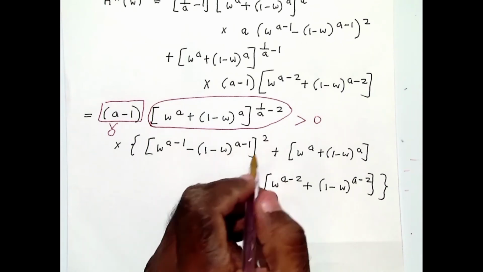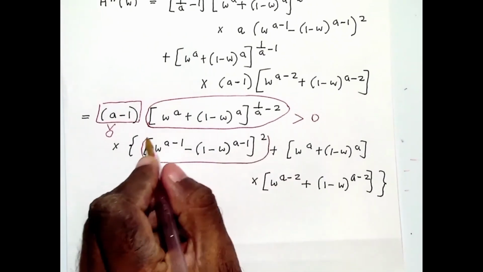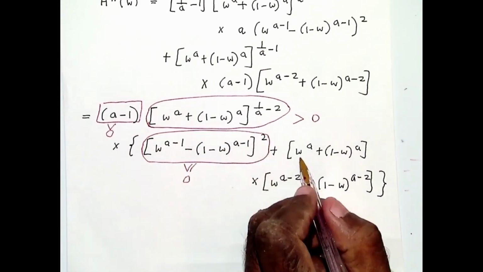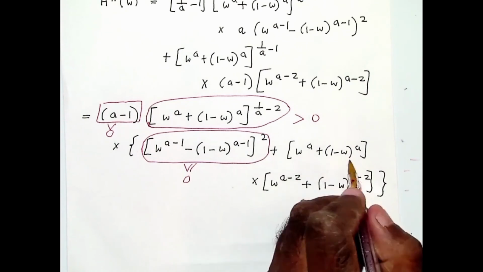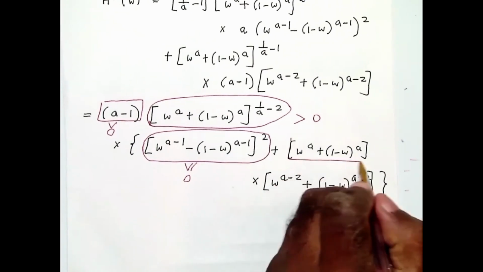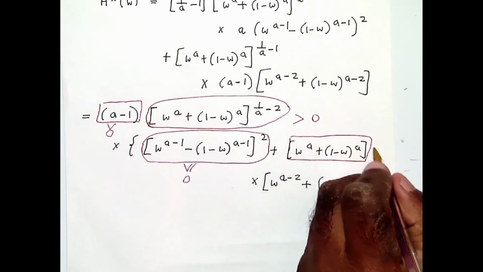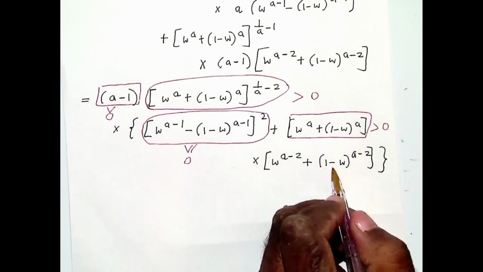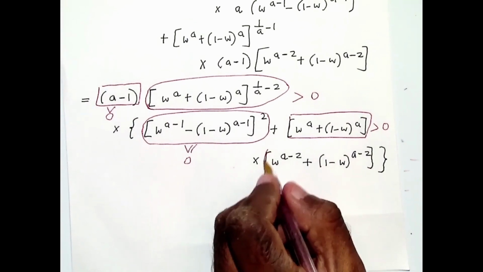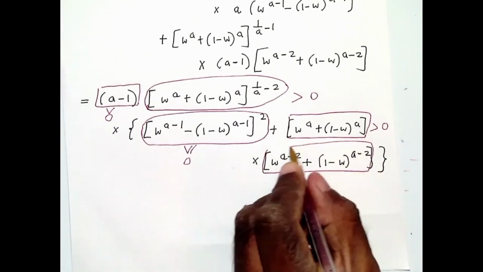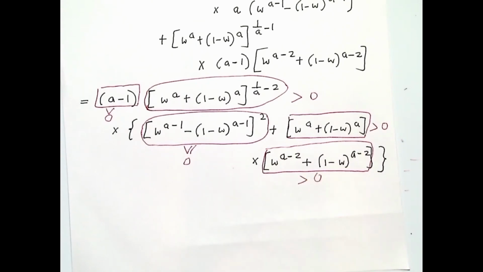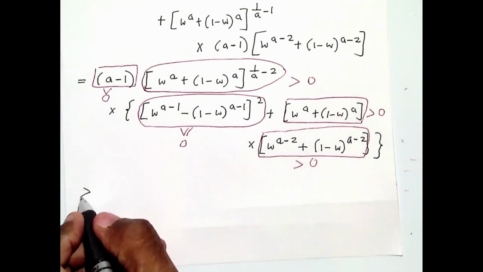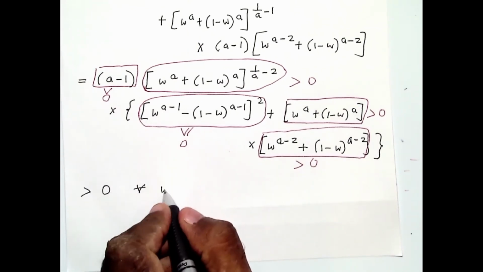Anything to the power 2 must be non-negative. And here you have W, a number between 0 and 1, so this has to be greater than 0. Also here, W is a number between 0 and 1, so this has to be greater than 0. So hence, we have shown that this is greater than 0 for all W.